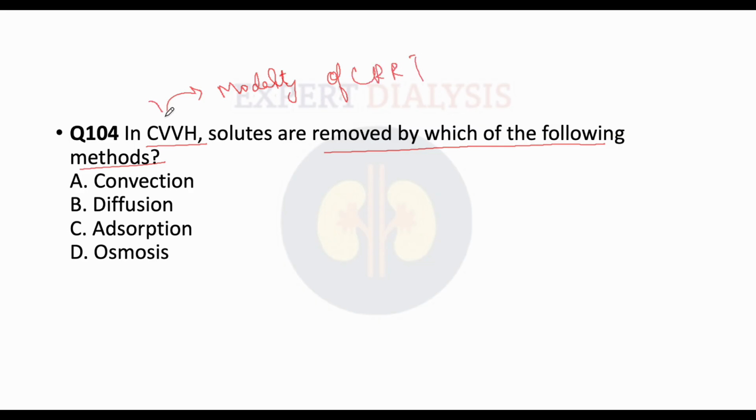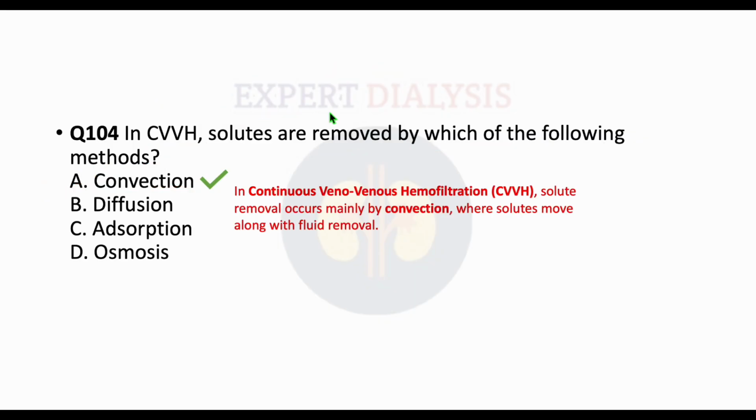It is continuous veno-venous hemofiltration, and when it is hemofiltration, we know the answer will be convection. So let's see the answer. It says in continuous veno-venous hemofiltration, solute removal occurs mainly by convection, whereas solutes move along with the fluid removal.